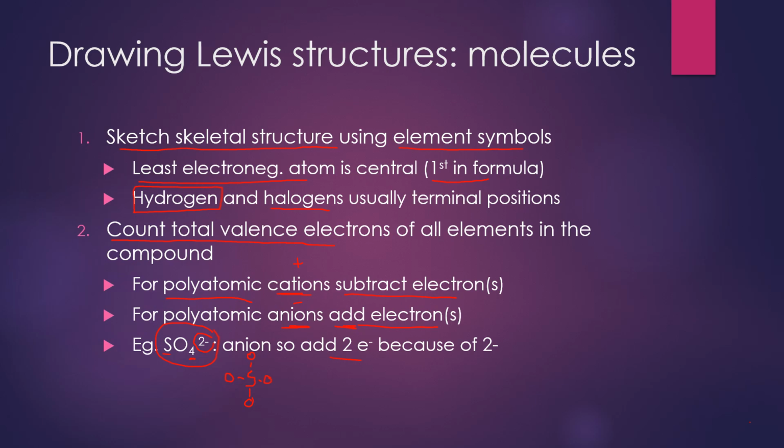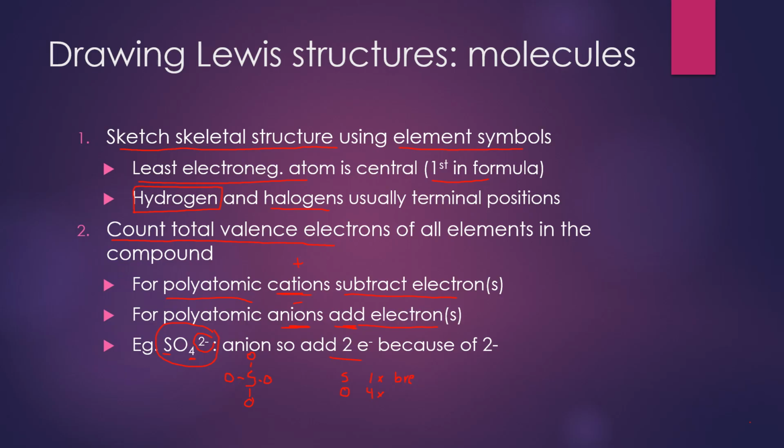So in this case, I have sulfur, oxygen. So how many atoms of sulfur do I have? Just 1. How many atoms of oxygen? 4. Then I'm going to take the number of each and multiply it by the valence electrons that they contribute. Now sulfur is in group 16, so it's going to contribute 6 valence electrons.